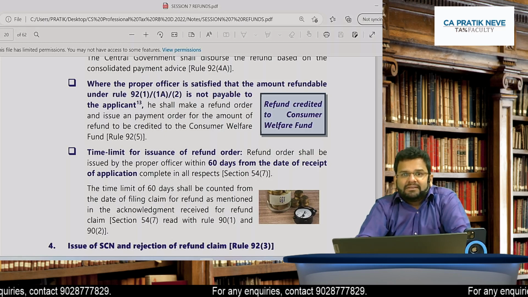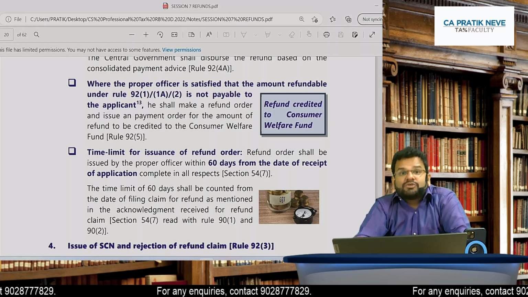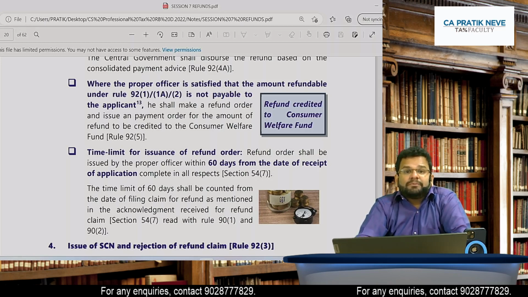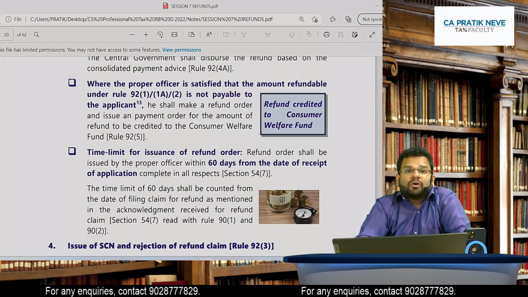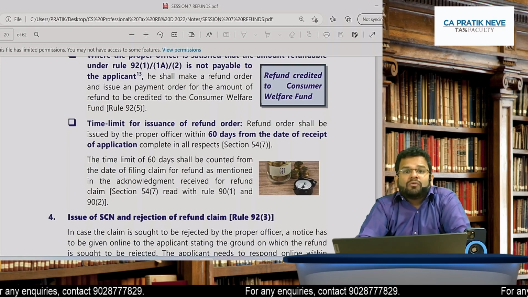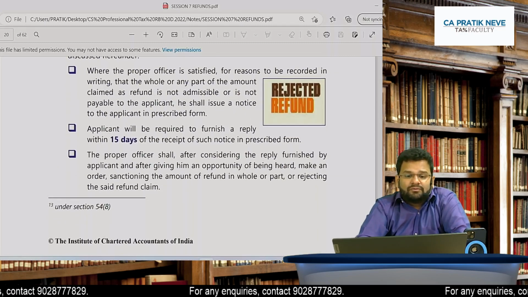Okay. One more thing. If it is proved that there will be unjust enrichment, if refund is given to recipient of supply, there will be unjust enrichment, then what will be done? Then the refund amount will be transferred to account called as consumer welfare fund.